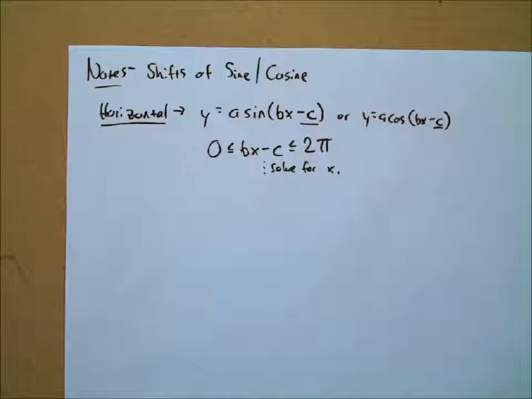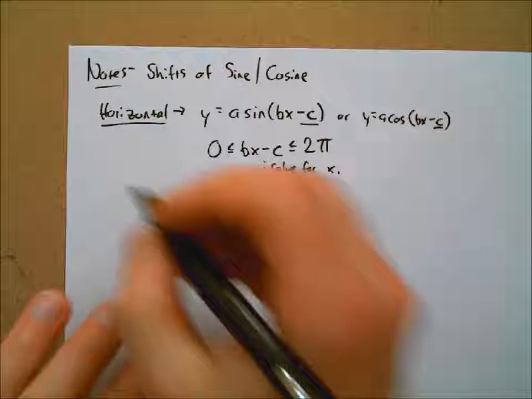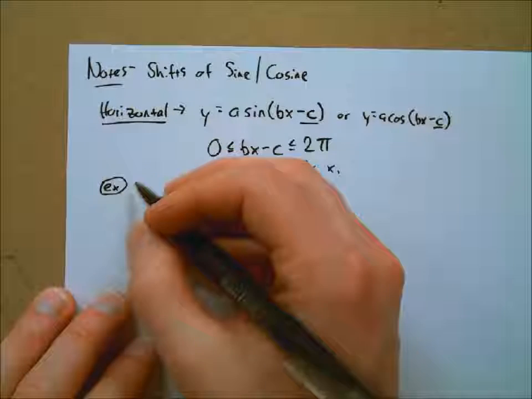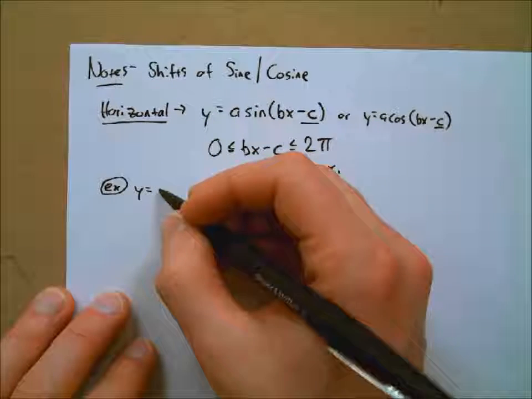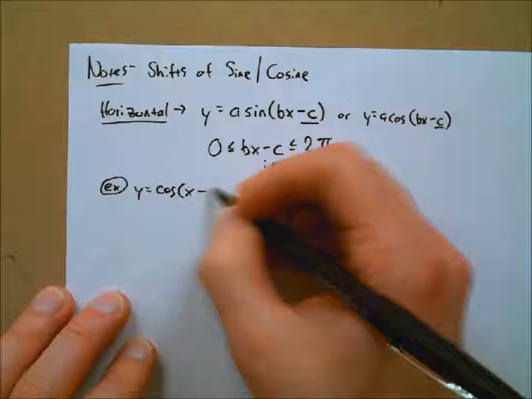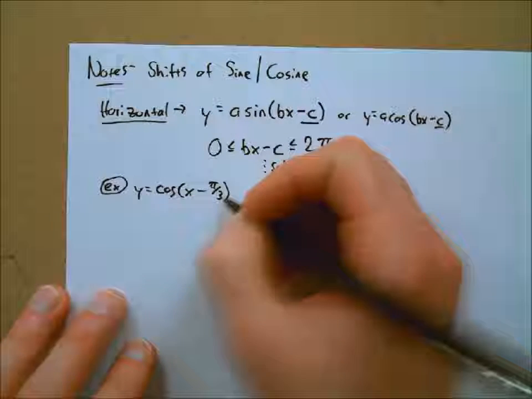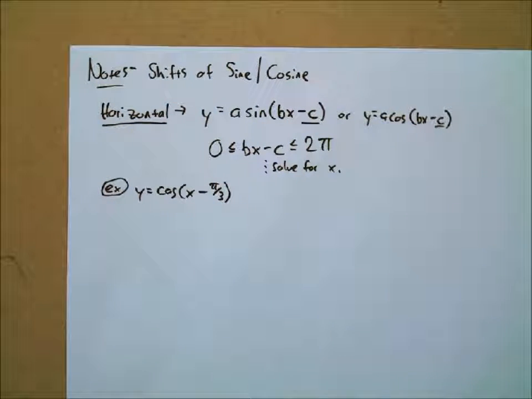Okay, so let's take a look at that as an example here. We'll do y equals the cosine of x minus pi over 3. Okay, so knowing what we know about transformations, we know it's going to be a shift, right?